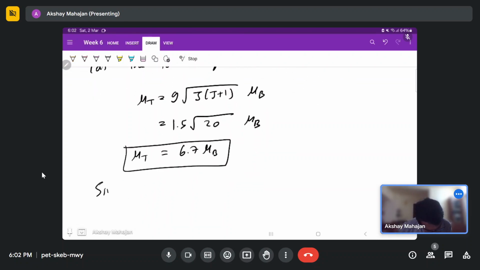Since J is equal to 4, the mJ value will go from minus J to plus J, so we'll have minus 4, minus 3, minus 2, minus 1, 0, 1, 2, 3 and 4.